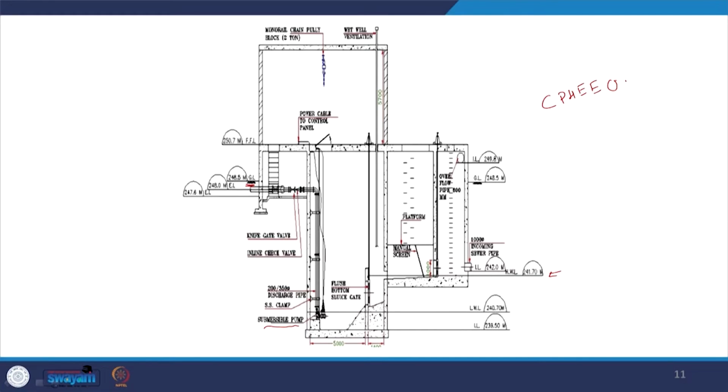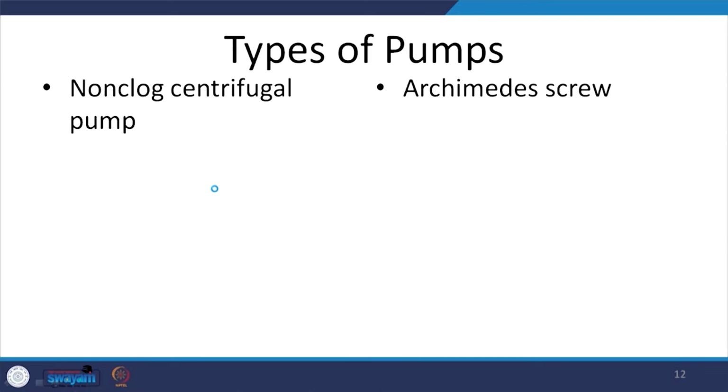This is the chain pulley, that is one aspect to keep in mind. Overflow pipe, fine manual screen. Here is the incoming sewer pipe, and I have the manual screen here. And then this pump is going to lift it up to the relevant level here. Here is the inlet and here seems to be the outlet. So, that is something for you to keep in mind. Okay, let us move on.